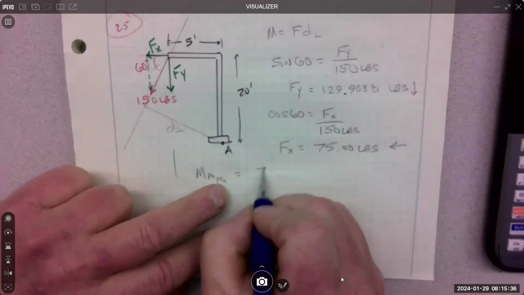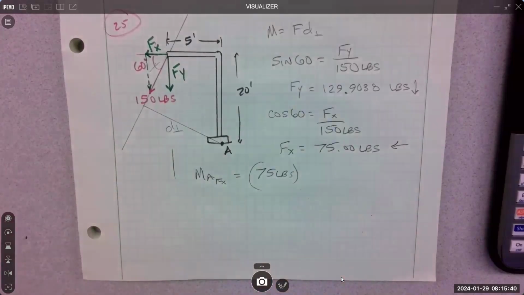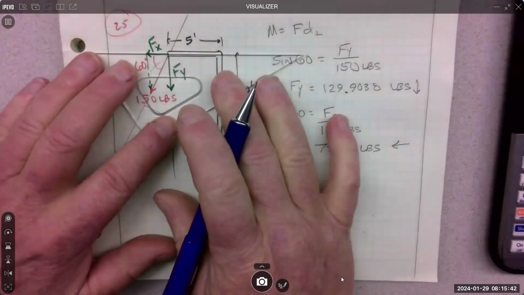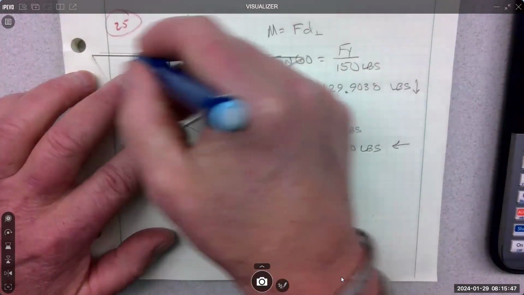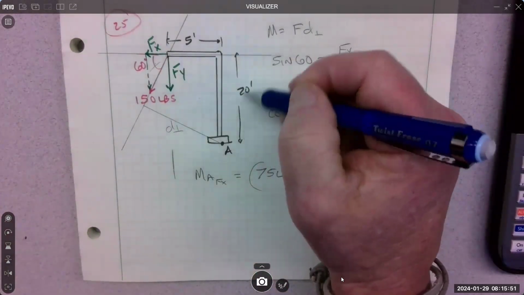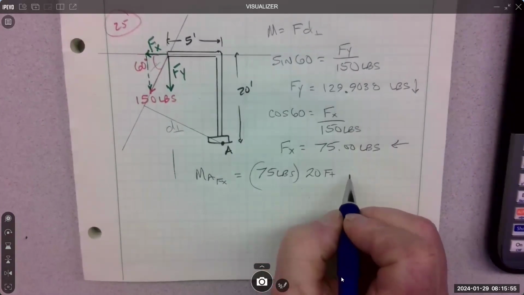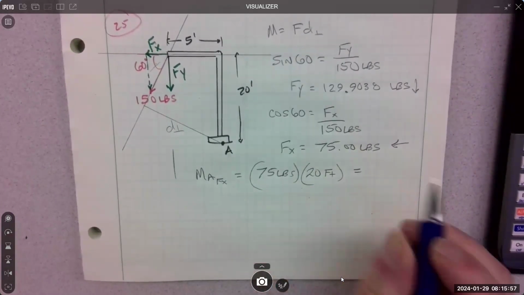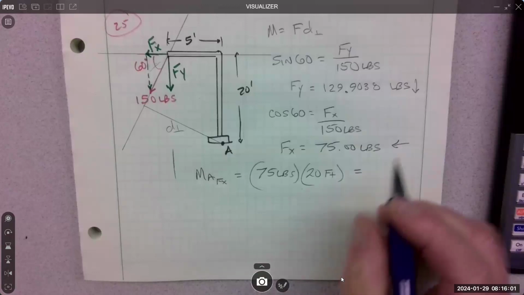Magnitude of the X is 75 pounds. The perpendicular distance, we have to think about where X is. It's along this line of action right there. And the perpendicular distance is 20. 1,500.